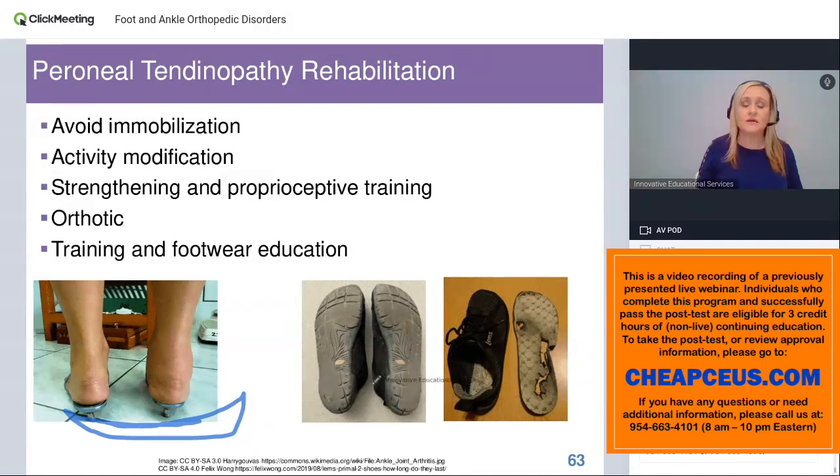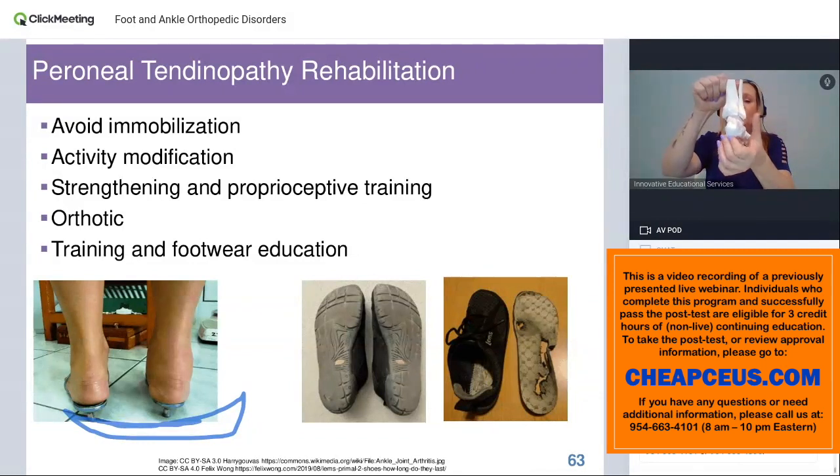So they might need some type of lateral wedge. If the individual is more supinated here, if we do a lateral wedge pushing them back up, now we've realigned that foot, taken the stress off these peroneals. And then we would strengthen them in those corresponding ranges of motion.